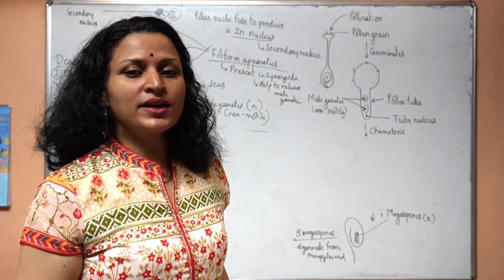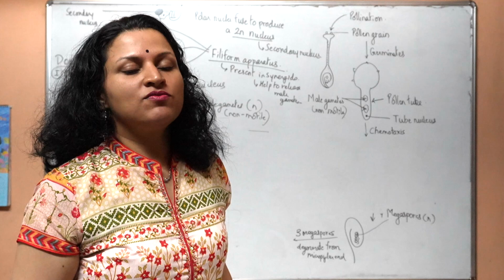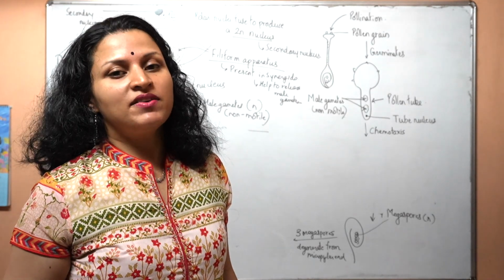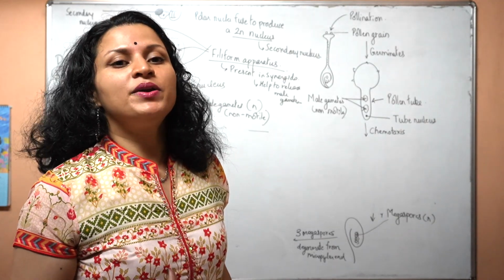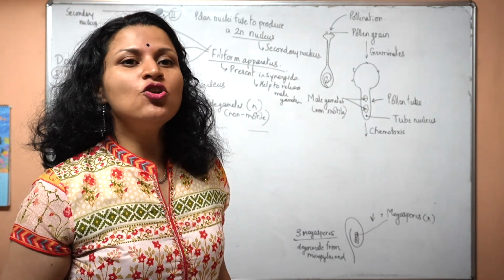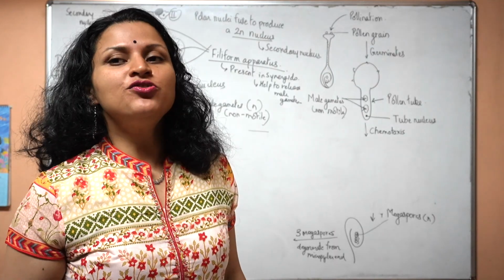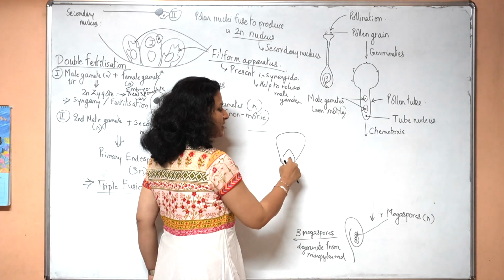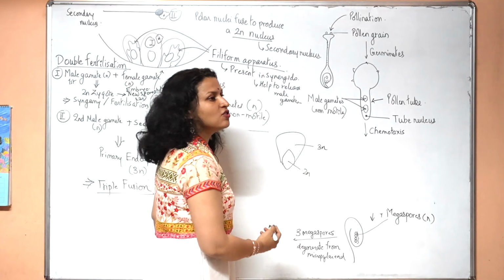What about the second fertilization? The second fertilization, which produces the primary endosperm nucleus, is the one that will divide mitotically and produce a triploid endosperm. Endosperm is a nutritive tissue, as seen in a corn seed. Very clearly, this is the embryo and this is the endosperm.